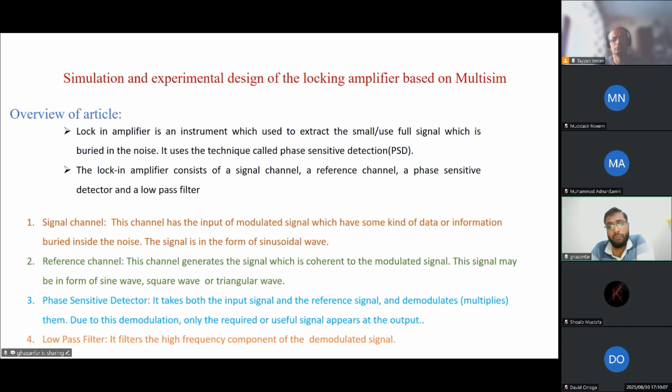In this detector, we give the input signal and the reference signal, which demodulates them, and this demodulated signal appears as our output signal. Then this output signal is passed through the low pass filter, which filters out the high frequency component of the demodulated signal.